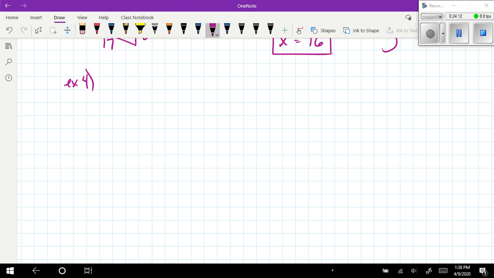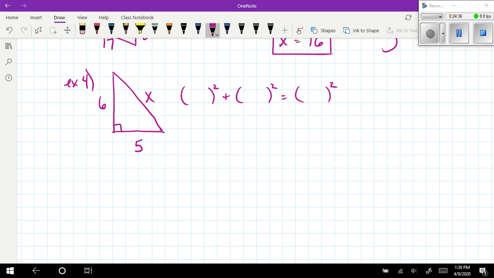Let's see what happens if I give you something that's, instead of a 3, 4, 5, how about a 5, 6, and an x here? I'm looking at leg squared plus leg squared equals hypotenuse squared.